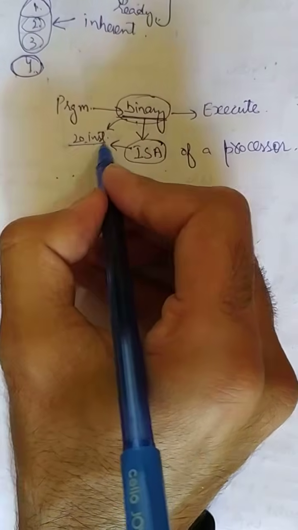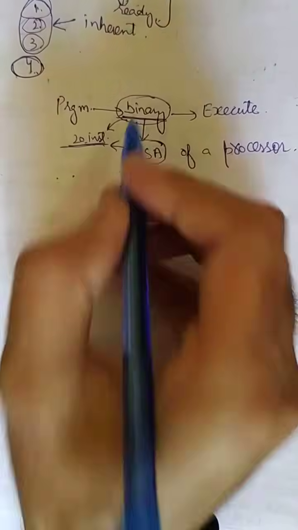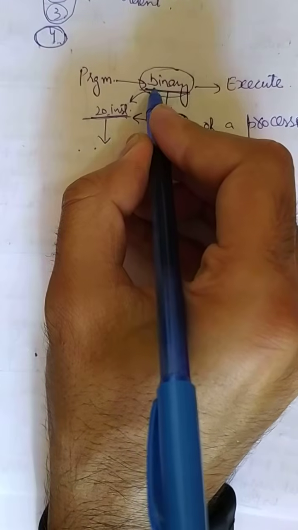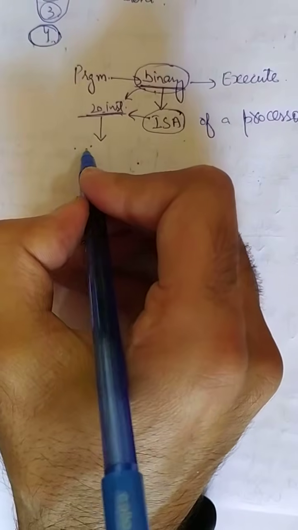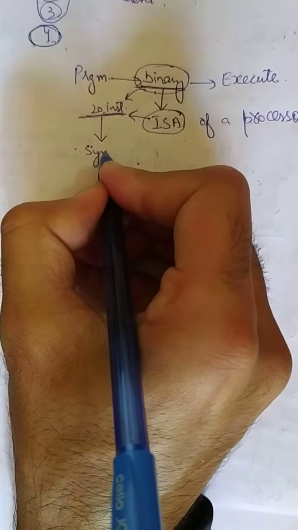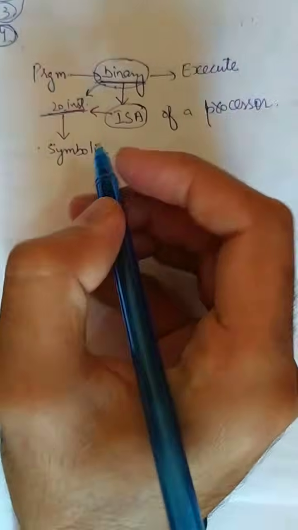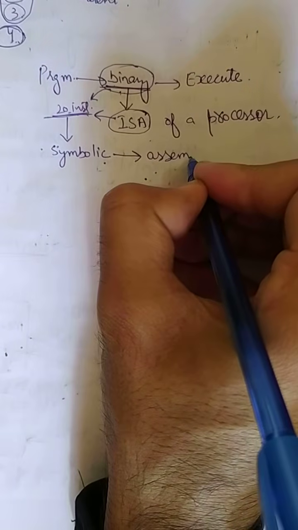So remembering these binary instructions is quite cumbersome and it is quite difficult. So instead of naming these as a binary stream, we are giving them some symbolic notations. So every binary instruction is given a symbolic notation, and that symbolic instruction is called the assembly instruction.